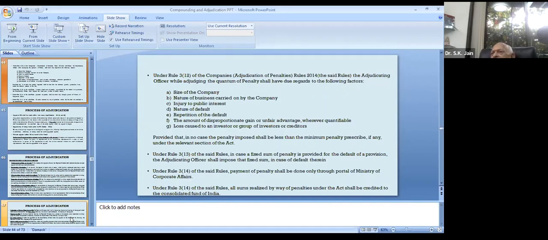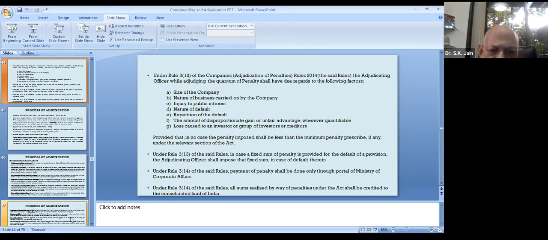So the RD in appeal can reduce the penalty from rupees 1,50,000 to say 1 lakh or 75,000 or any amount between 50,000 and 1,50,000.